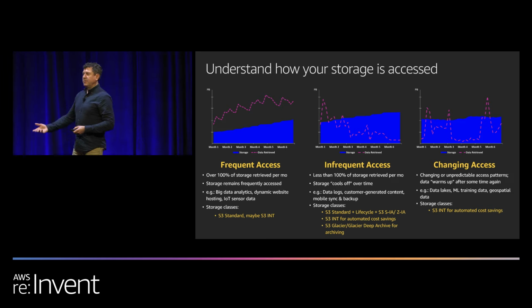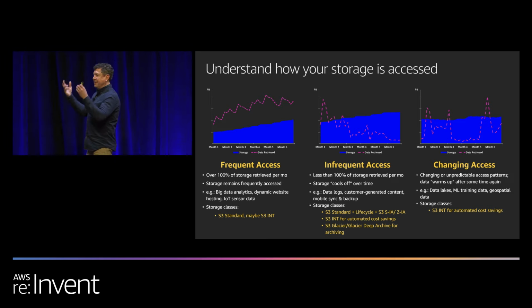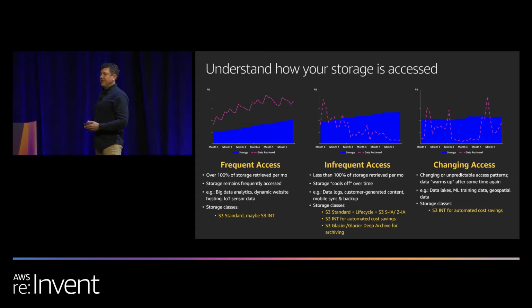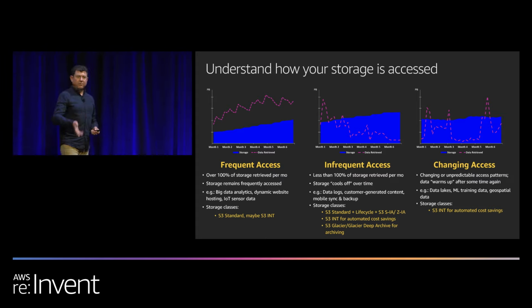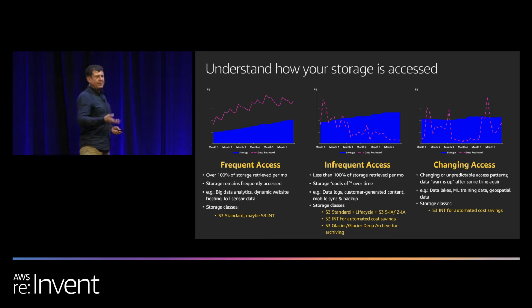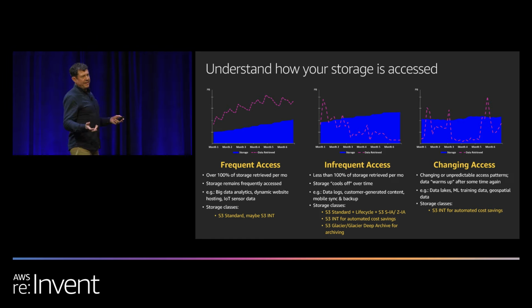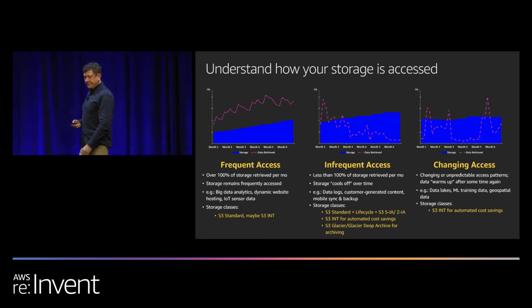So something might seem cold for some time, and suddenly that data becomes active again, and it's very difficult to plan around. Intelligent-Tiering allows that data to fluctuate between the frequent and the infrequent access tier without a penalty around retrieval fees when you can't predict that access pattern. So that can help you with cost quite a bit.